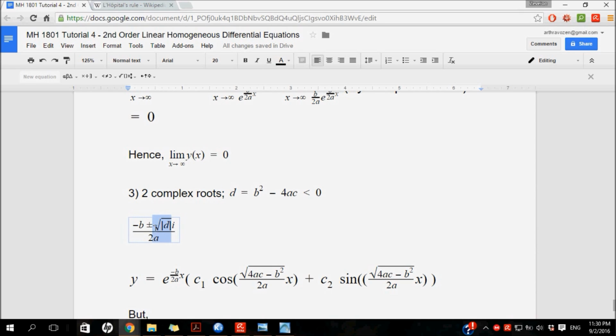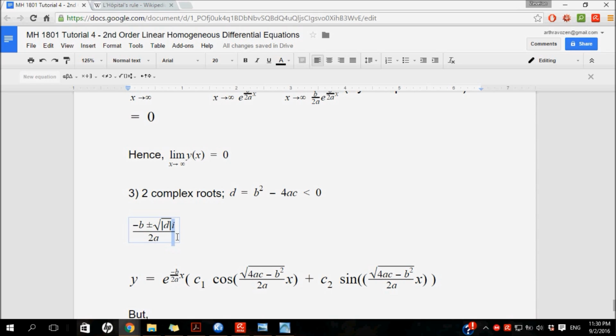Here is where we have the real part, minus b divided by 2a, and the imaginary part of one of the roots is going to be square root of absolute value of d divided by 2a. I is on the outside. I is taken to be square root of minus 1.